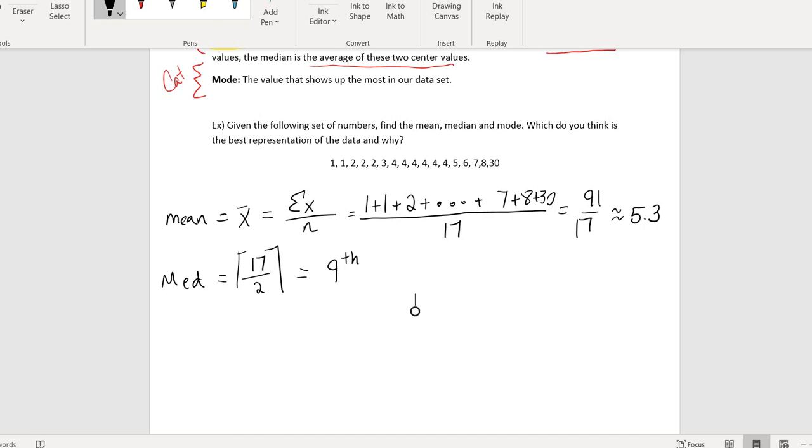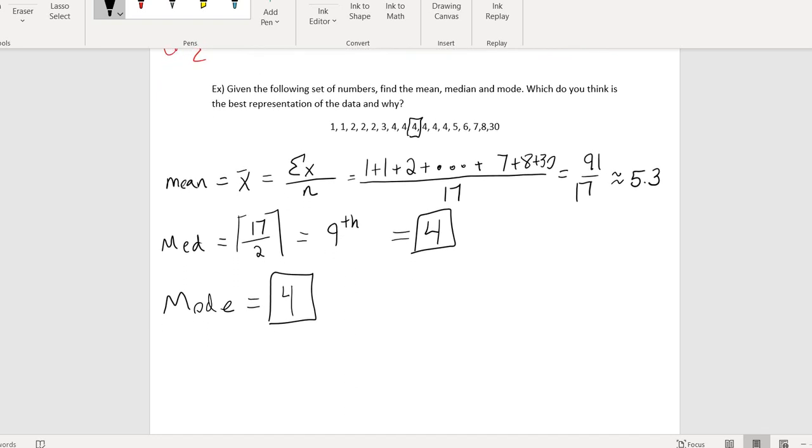So let's see, 1, 2, 3, 4, 5, 6, 7, 8, and 9. So our median would be 4. And last but not least, our mode is the number that shows up the most often in our observations. 4 also shows up the most often, so that would be the mode.